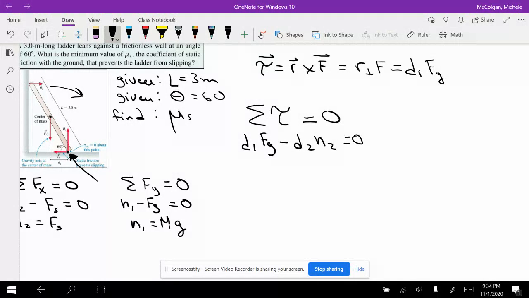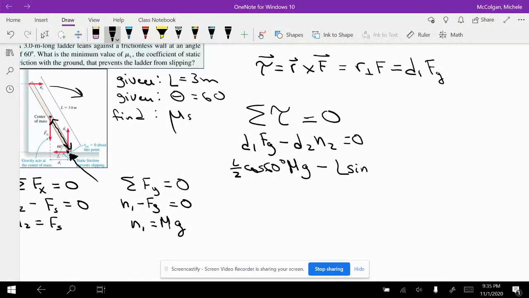Now if I want to find D2, I know the distance from here to here is going to be L over 2. And so if this is L over 2, then D1 is just L over 2 times cosine of 60 degrees. So here I'm going to have L over 2 times cosine of 60 degrees times mg, the mass of the ladder times g, minus, so D2 is going to be L sine theta.